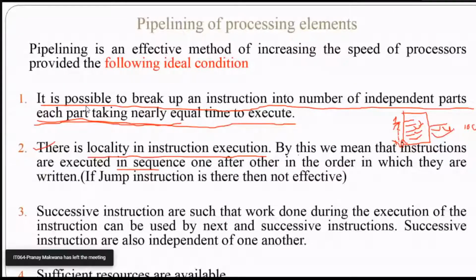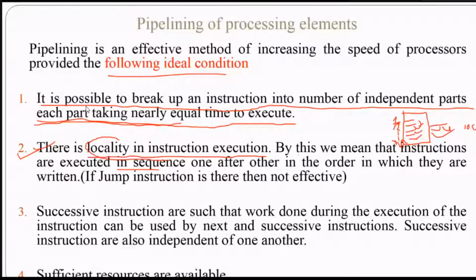So pipelining implement करने के लिए following conditions satisfy होनी चाहिए. उसमें से second condition क्या है, locality in instruction execution. It means that there should be a smaller number of jump, or program control transfer instructions. So if jump instruction is there, then this particular method will not be that effective.